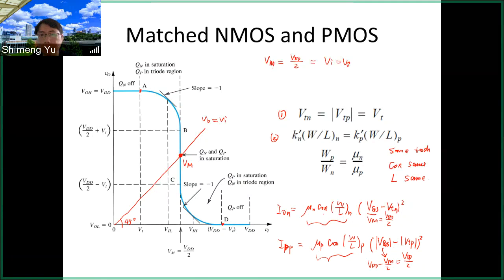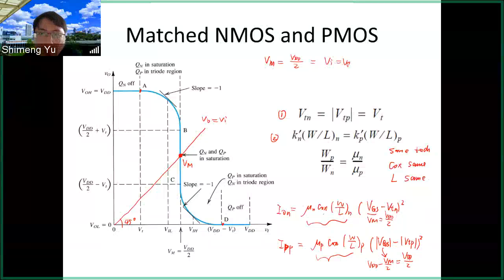For example, if it's Intel's 14 nanometer, then your L is the same for the NMOS and PMOS on the same technology node. So then what is left is this WP and WN and mu n and mu p.